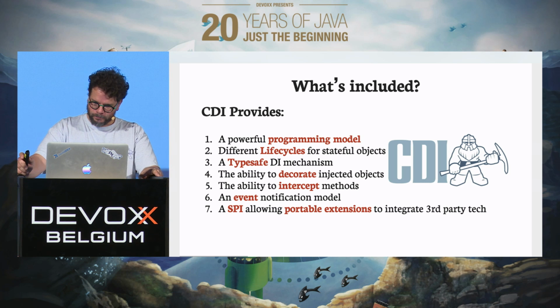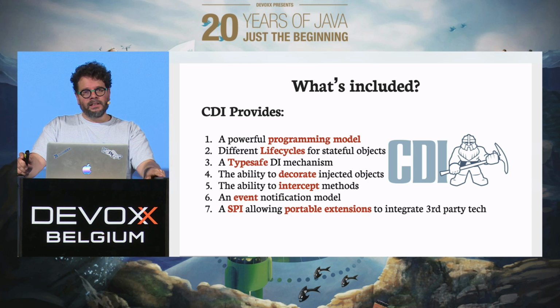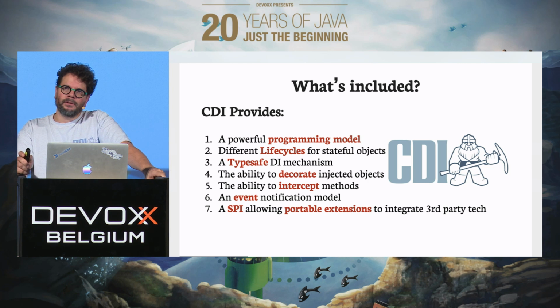And probably the most killing feature in CDI is the SPI included in CDI. It's probably the first Java EE specification including such a deep SPI.